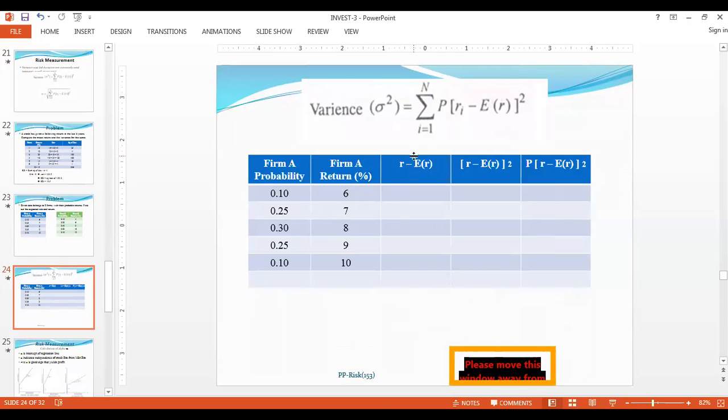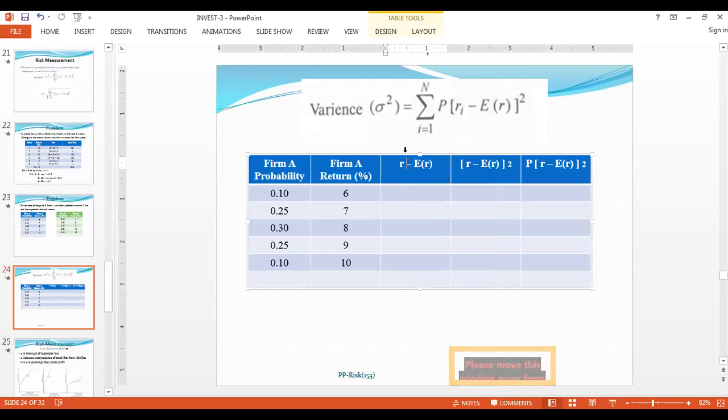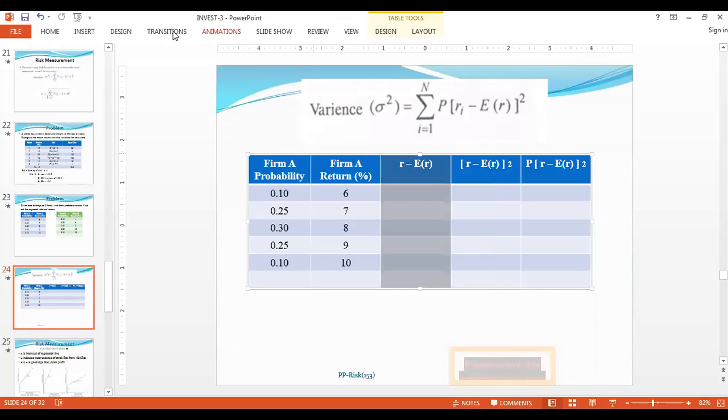I think I've just missed out on that. I'll just insert one column here. Just give me a second.